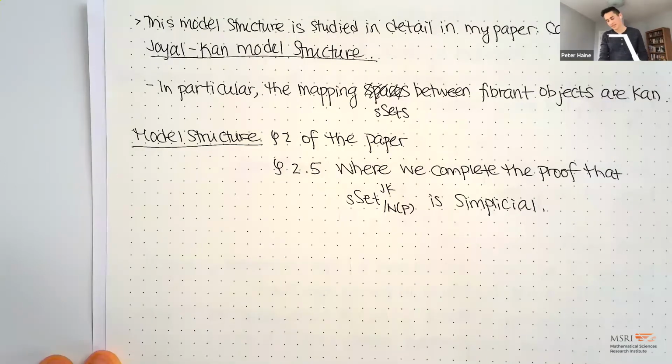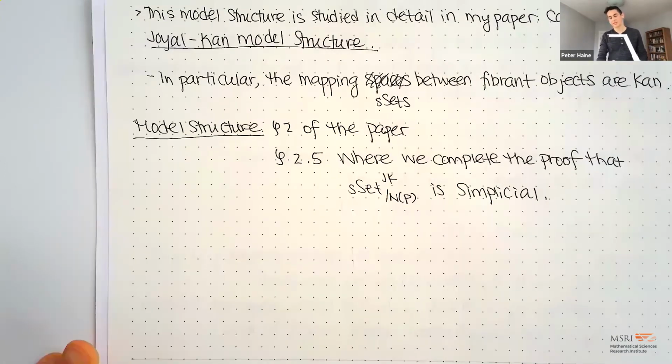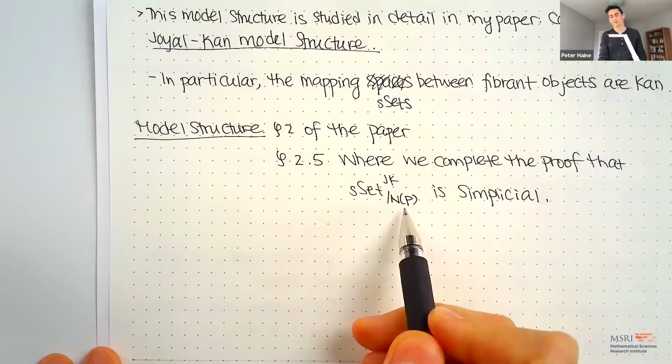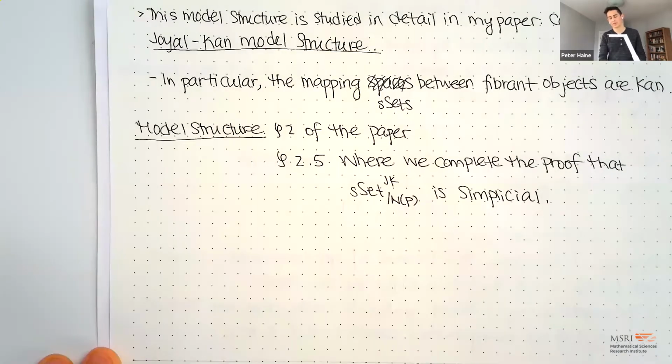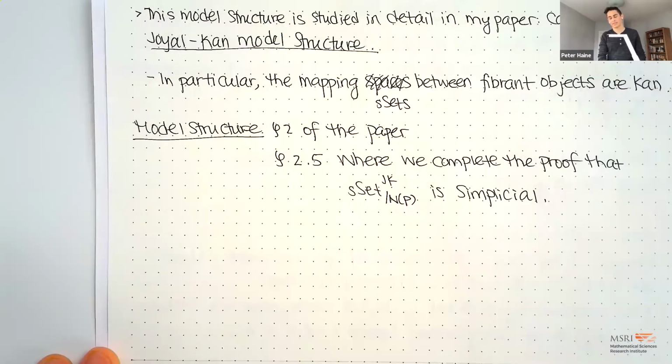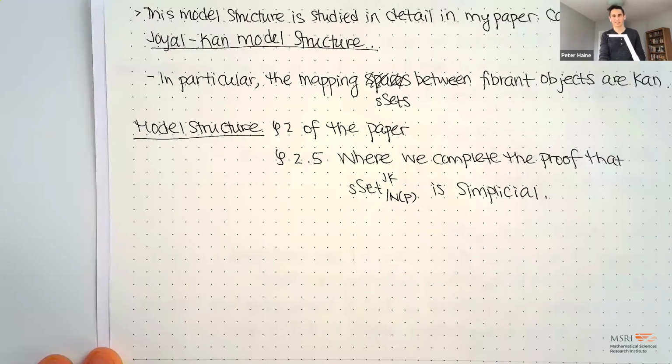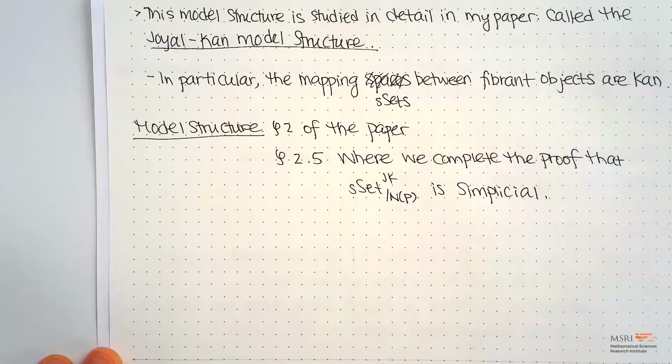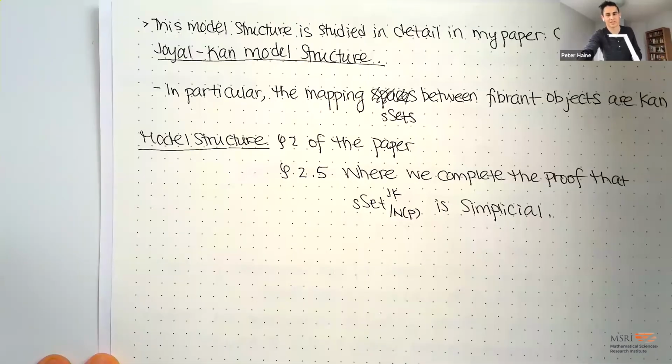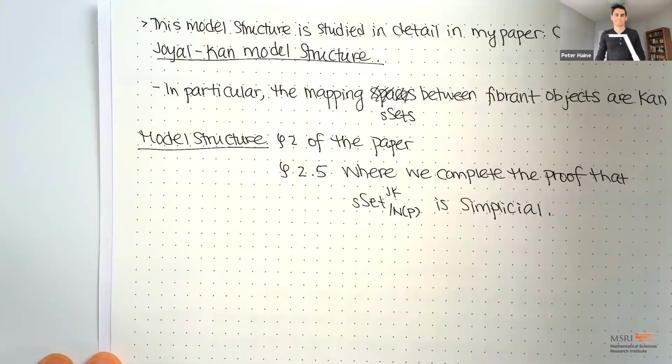The other thing is that when P is trivial or when P is discrete, this model structure coincides with the Kan model structure. That's part of why I called it the Joyal-Kan model structure, because it kind of mixes these two.